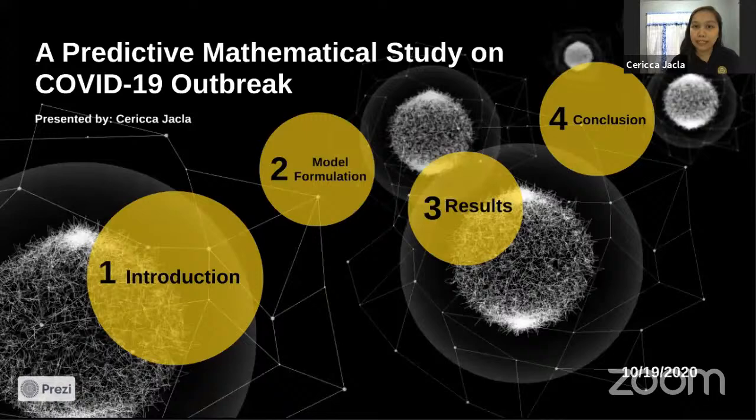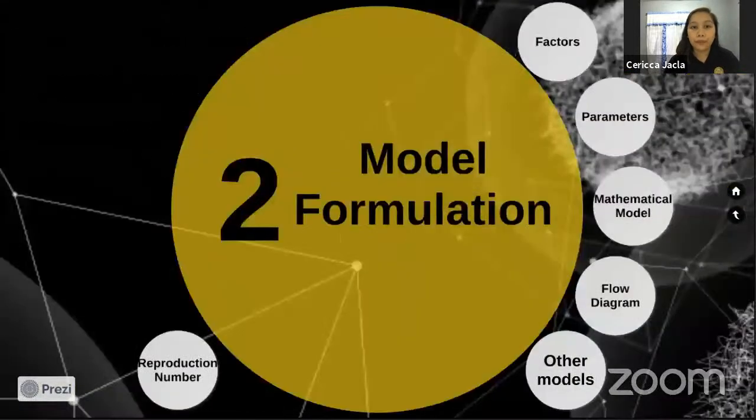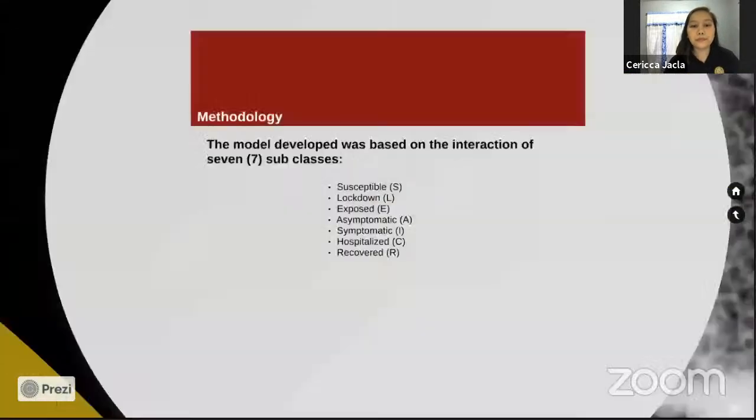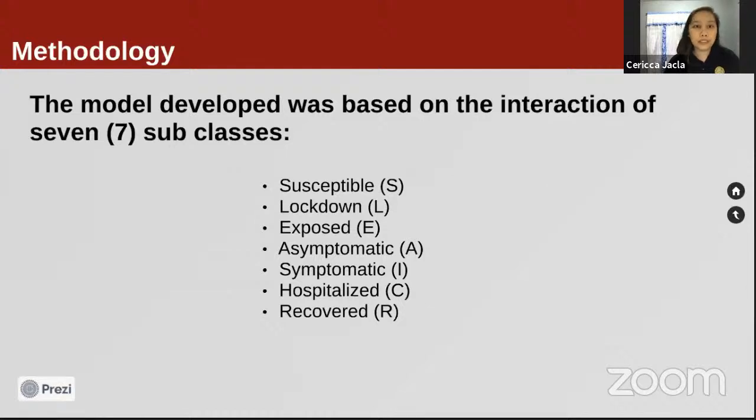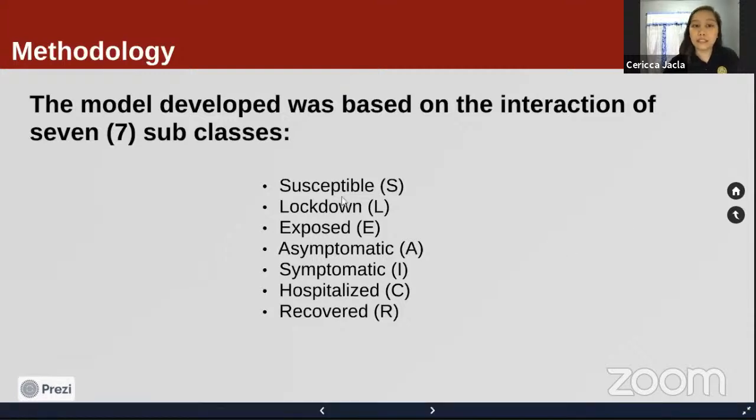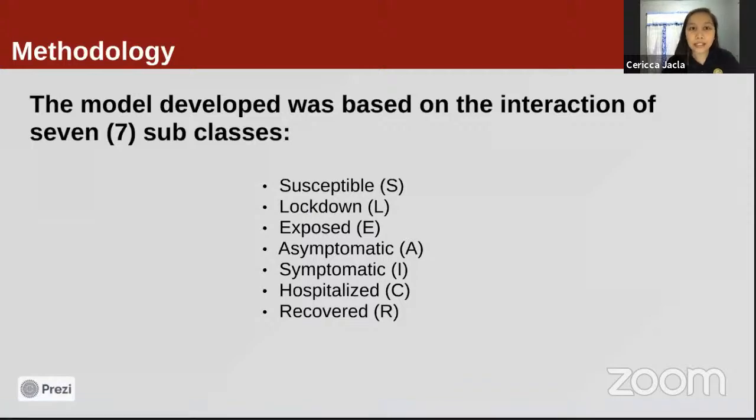Okay, we will proceed to model formulation. The model that was developed by our researchers is based on the interaction of 7 subclasses. As you remember the SEIR model a while ago, we still have the susceptible. Since our originating application is lockdown, they consider that in their model.